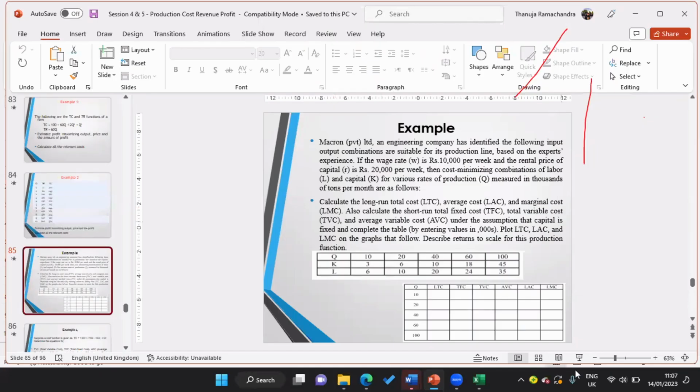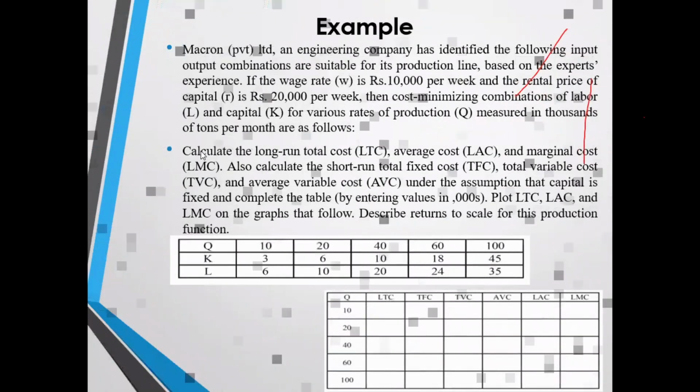Calculate the long run total cost, average cost, marginal cost. Also calculate short run total fixed cost, total variable cost, average variable cost, under the assumption that capital is fixed, and complete the table by entering the values in thousands. Plot the LPCs.